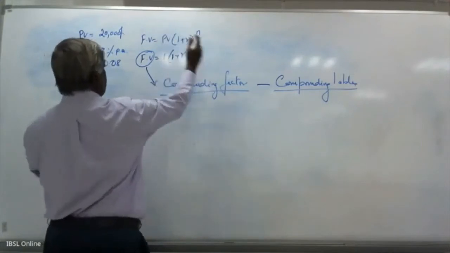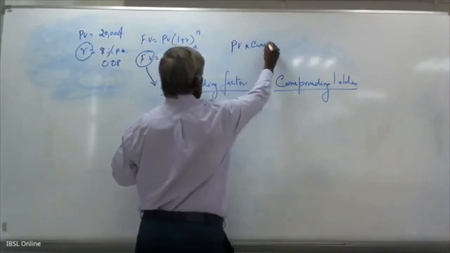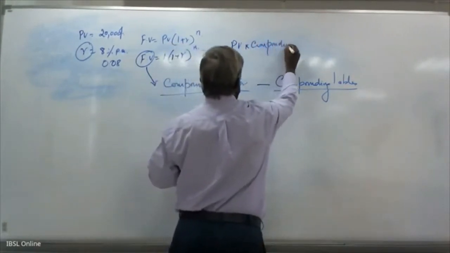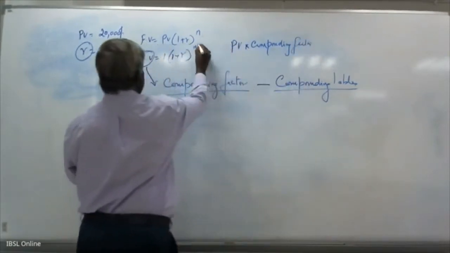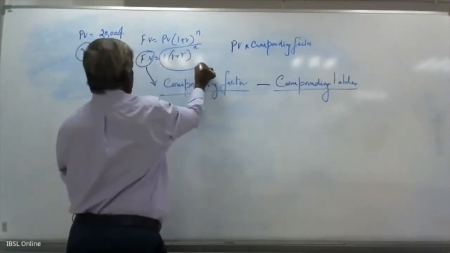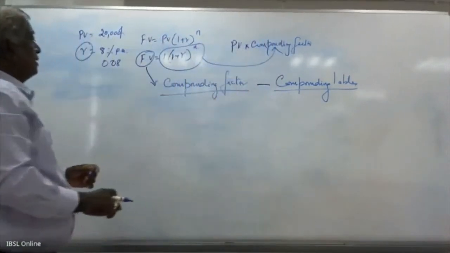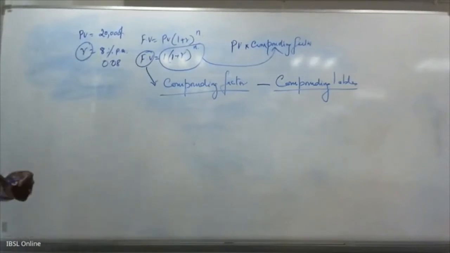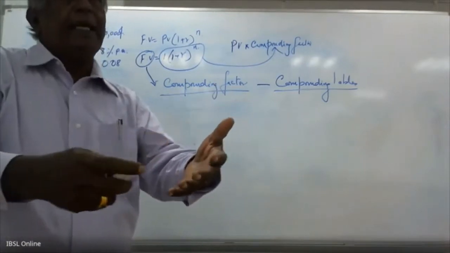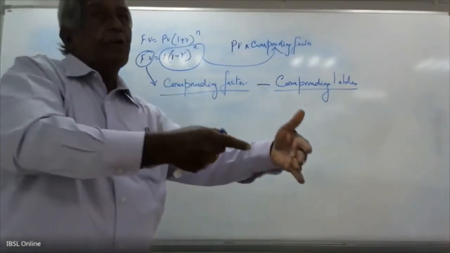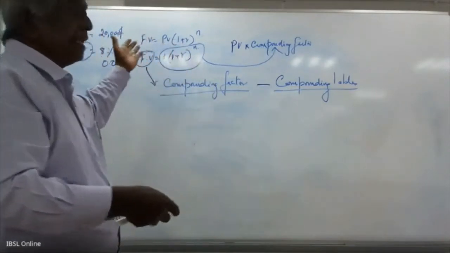You multiply the PV, the present value, by the compounding factor for the given compounding rate and period, and you get the FV.